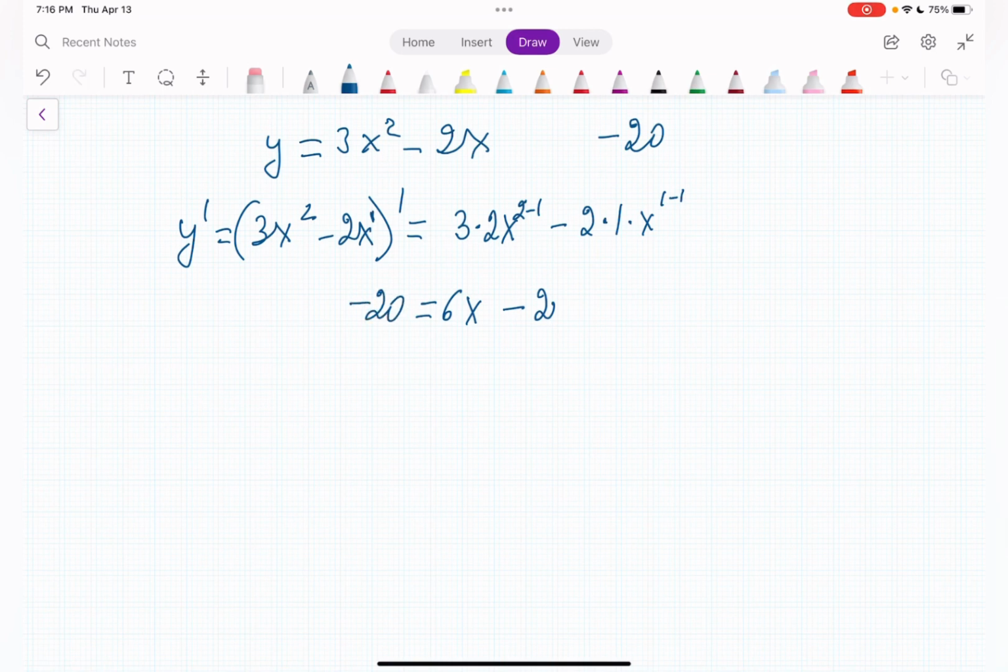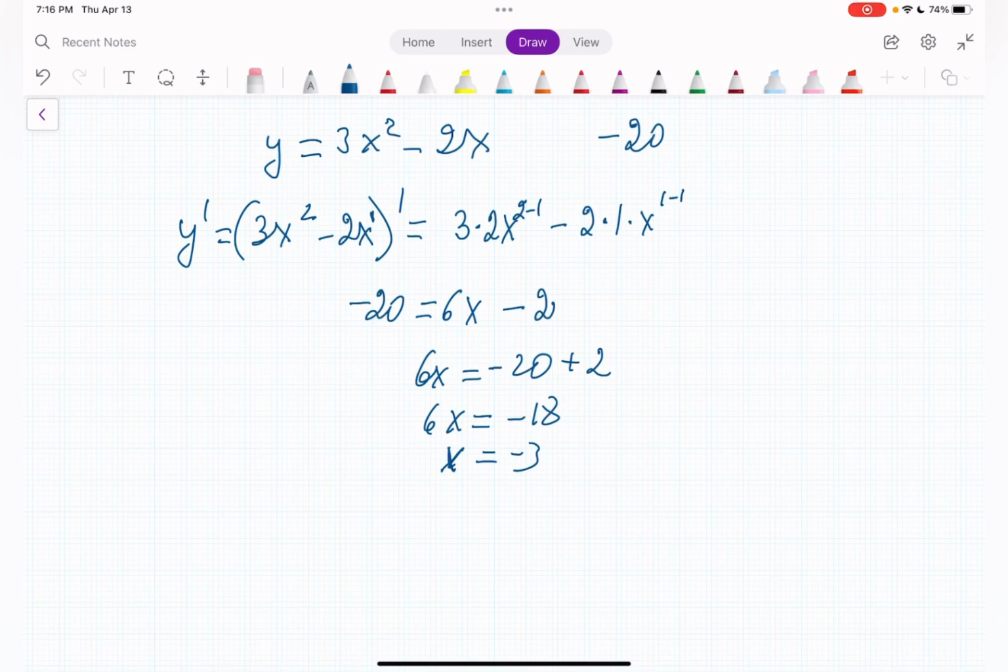Let's find x from here. So 6x is equal to negative 20 plus 2. 6x is equal to negative 18, and x is equal to negative 3. Okay, so we have the x of the point.